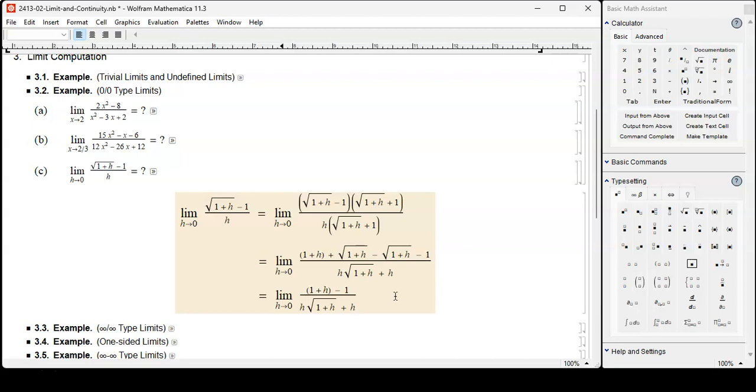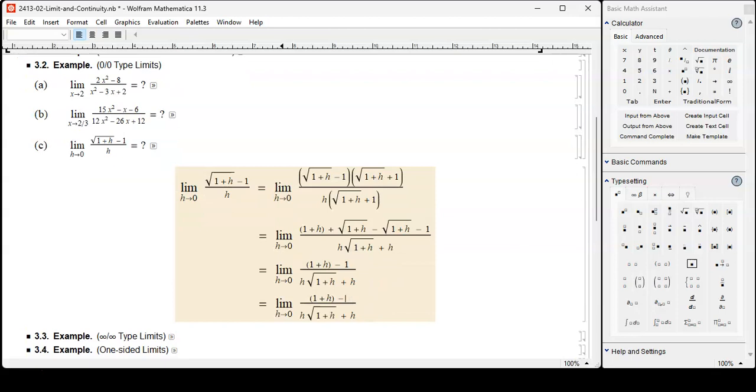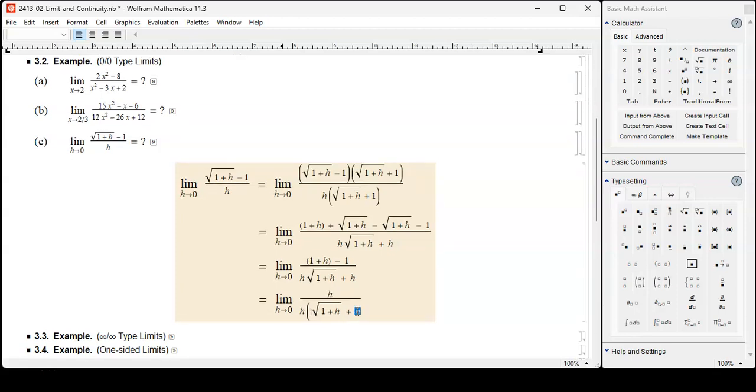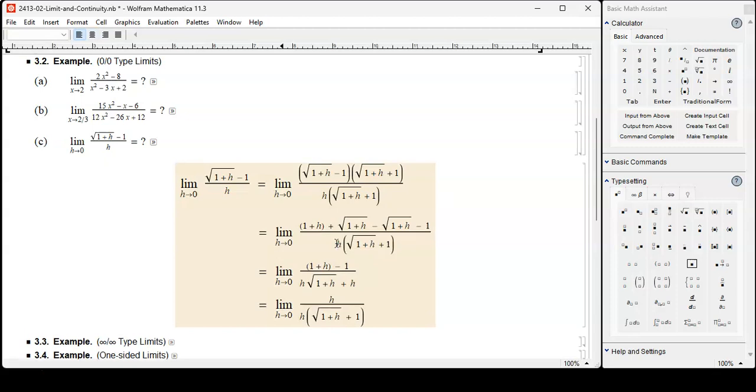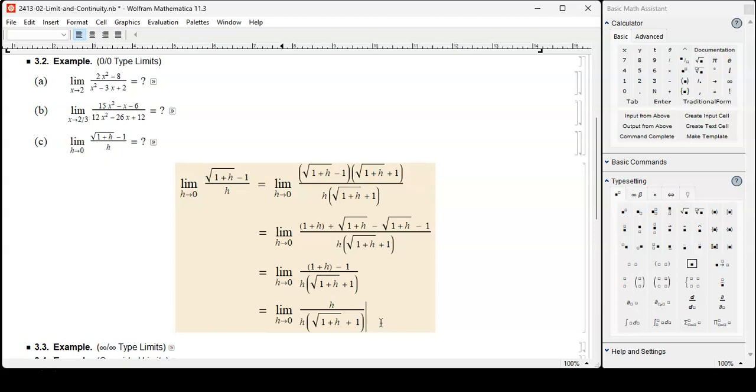Can you simplify further? This 1 and the -1 will cancel each other out. And here, if I factor h out, I'll get 1. Oh, so this breaking off is counterproductive. I didn't have to do that. So let's not break off the denominator, just keep it, and then cross h out.